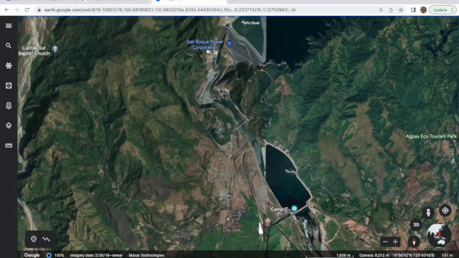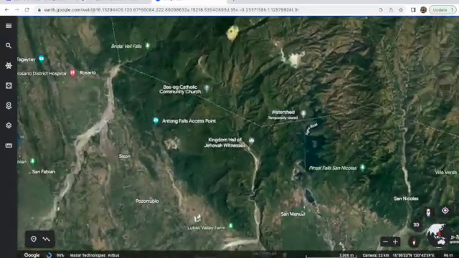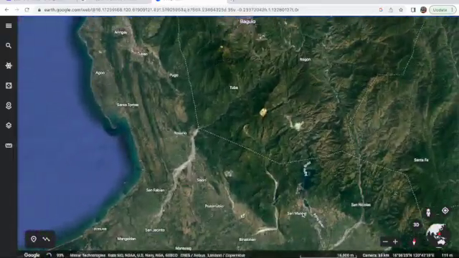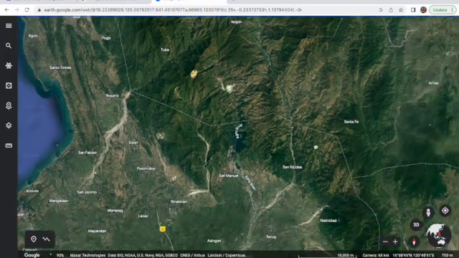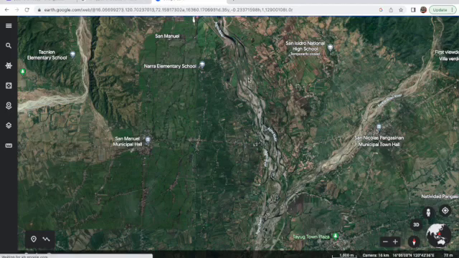This is the San Roque Power Corporation. Okay, so let's move. Alright, this area becomes a delta. Agno River Delta. We call this Agno River Delta.